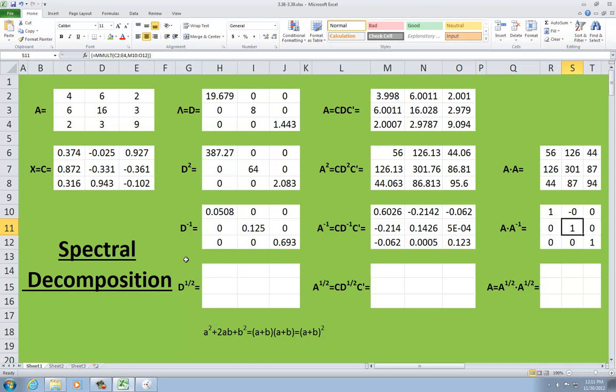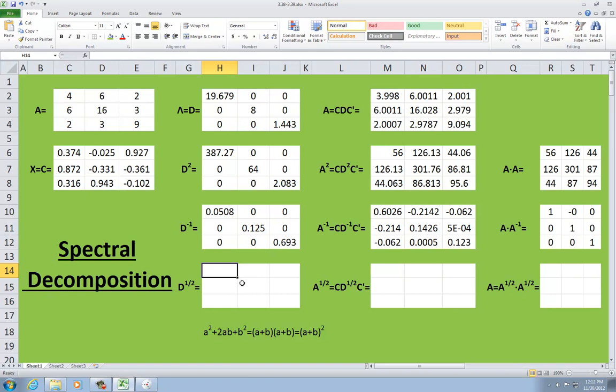Now finally we can get down to what we actually came here for, spectral decomposition. The spectral square root of matrix A is calculated in a similar manner. You just take D to the 1/2 power, which is taking the square root of it. And also note how easily one can obtain the square root of the diagonal matrix of eigenvalues, D to the 1/2 power. Since it's a diagonal matrix, the square root of the matrix is obtained by merely taking the square root of each diagonal element.